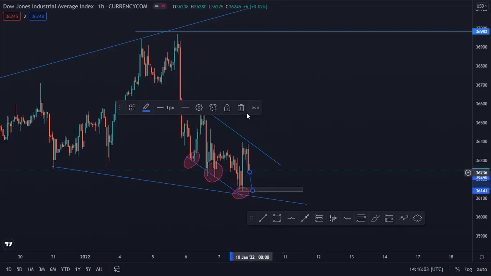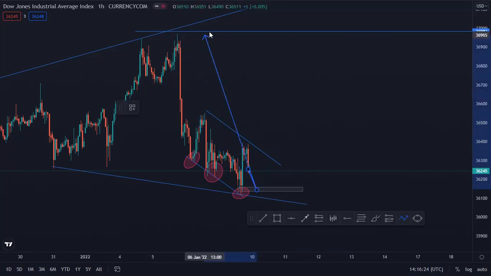Our prediction on that one is that the market goes out like this to create the double bottom before breaking out of this reversal pattern. Our first target will be around this area, then our second target will be around this area, or here, the resistance, as you can see, guys.